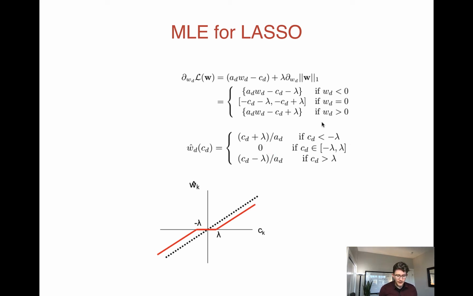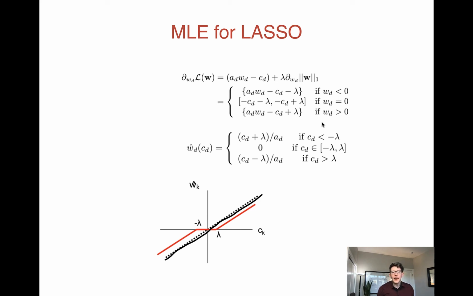One way to think of this is with this plot. This is what we're going to set our W hat to as a function of CK. The textbook switches notation here, using K instead of D, but otherwise this is the same thing. Here, this line is our normal update for normal linear regression.